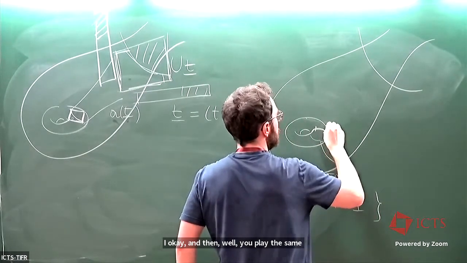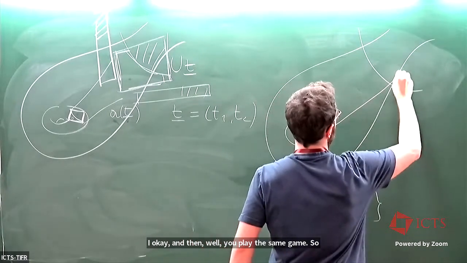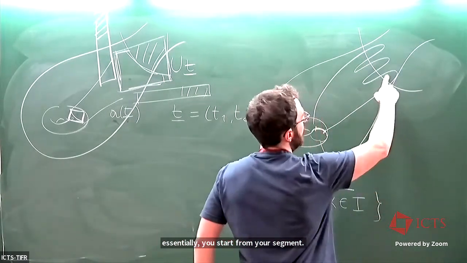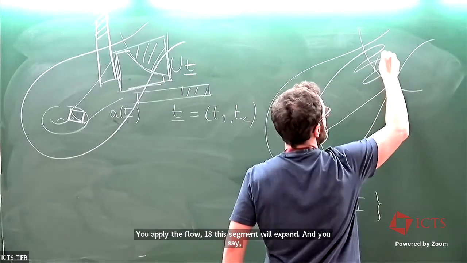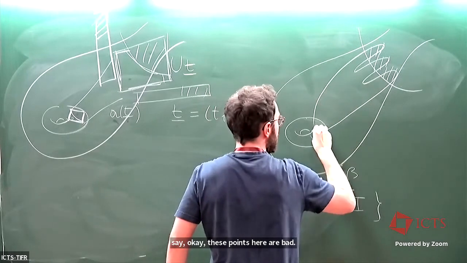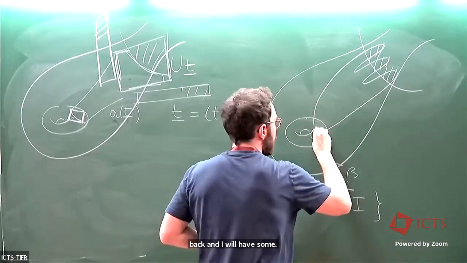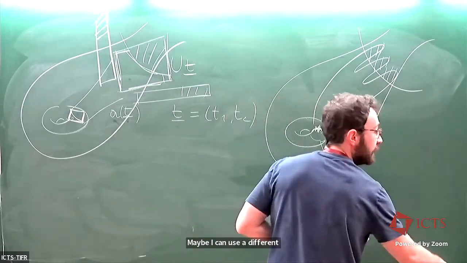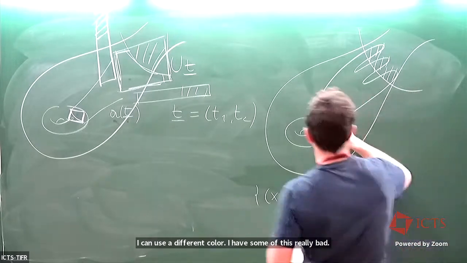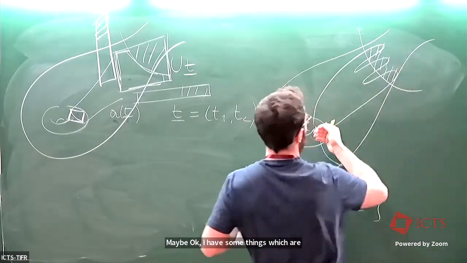You start from your segment, you apply the flow AT, this segment will expand, and you say, these points here are bad, I want to get rid of them. Then I contract back, and I have some things which are good and some intervals that I have to remove.